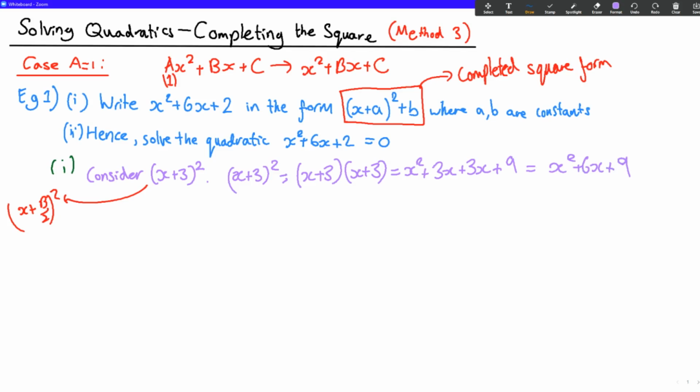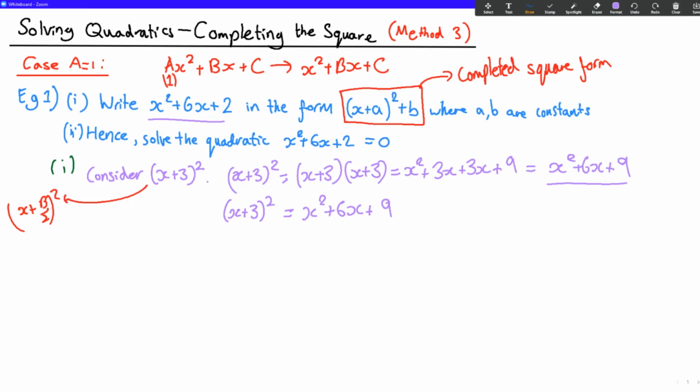And now we can notice that this here is very much like this. In fact, the first two terms are identical. It's just the last term that changes.